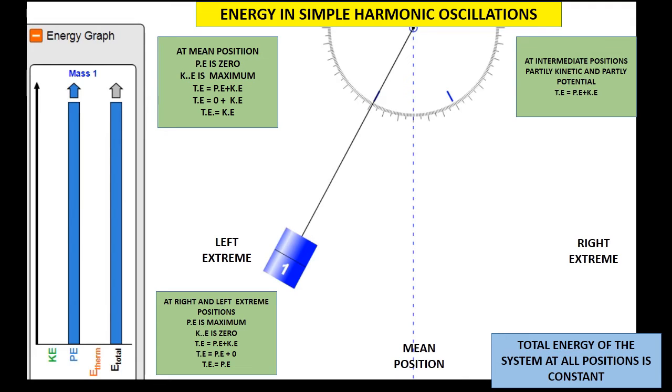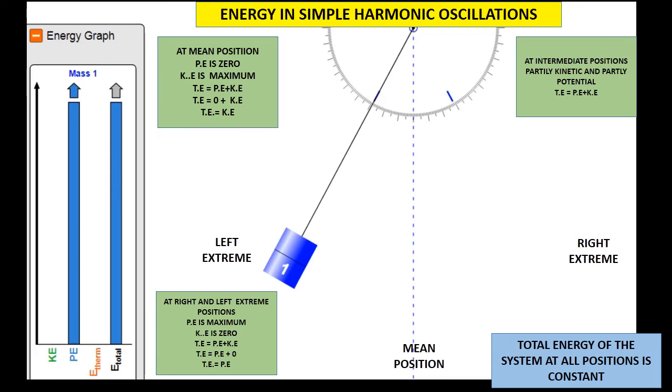Look at the graph. Even in the left extreme, which energy is maximum? Potential energy is maximum. Kinetic energy is zero. No bar is seen in kinetic energy. Potential energy bar is fully shaded. So it shows that kinetic energy is zero.